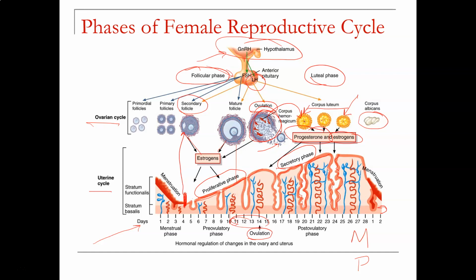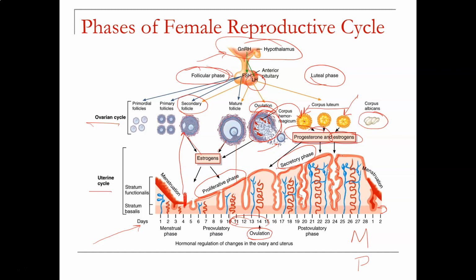Okay, and as long as the corpus luteum is around, the uterus will be in this secretory phase. But let's look at what happens when LH levels drop and the corpus luteum is no longer supported, and estrogen and progesterone levels start to drop down. Without those hormones to support it, the endometrium cannot stay in the secretory phase.